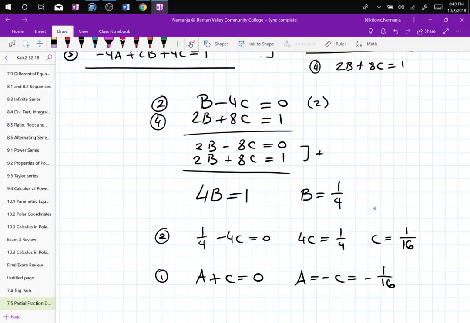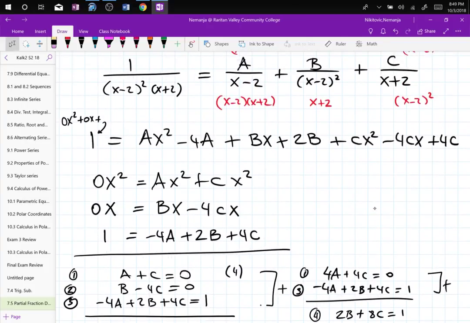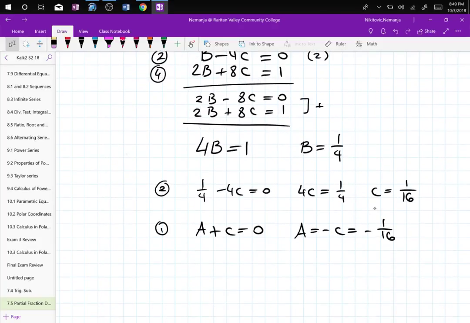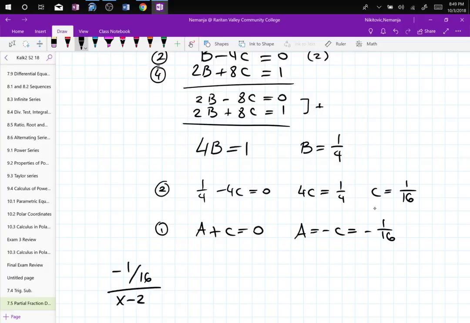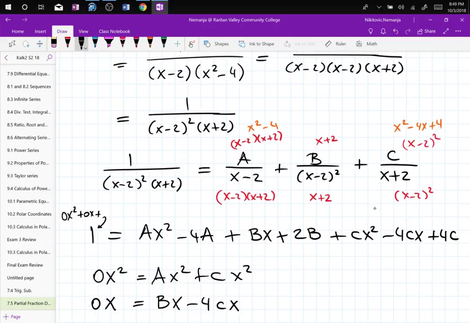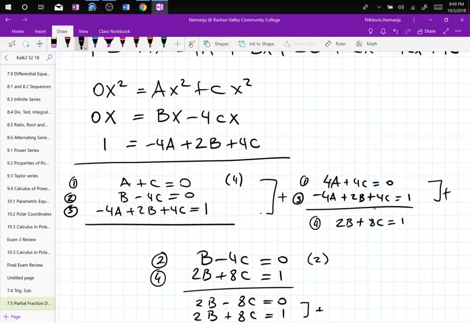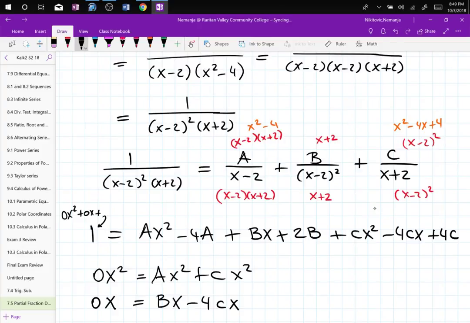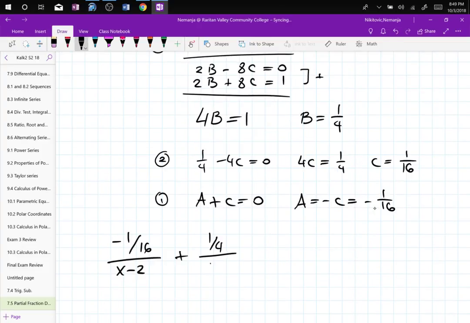I have A, B, C, so go back. A is over x minus 2, so that is negative 1 over 16 over x minus 2, plus B, which is 1/4 over x minus 2 squared, plus C is 1 over 16.